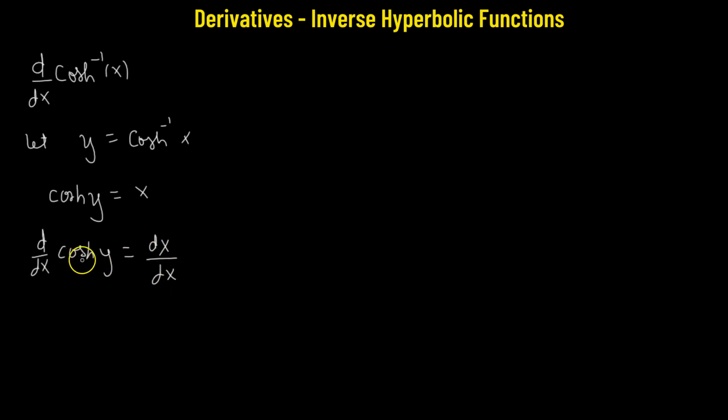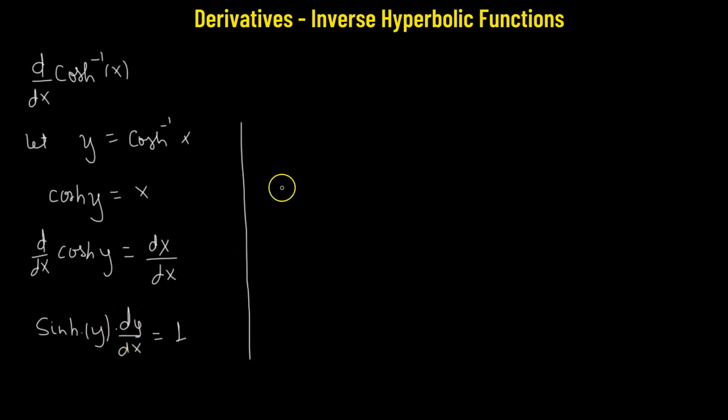So the derivative of the hyperbolic cosine function is simply positive sinh y times dy over dx, which equals 1. And this gives us the derivative of y with respect to x equals 1 divided by sinh y.